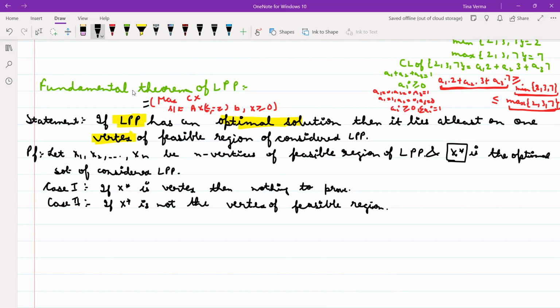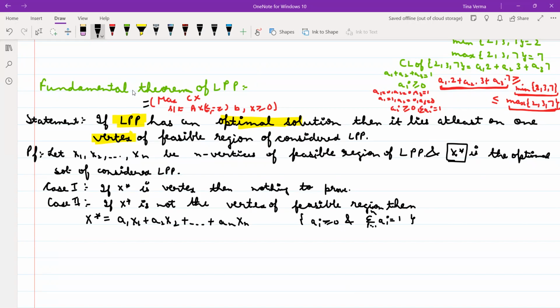An extreme point cannot be written as a CLC of other points, but any other point I can write as a CLC of other points. So if x star is not a vertex, then I can write x star as the linear CLC of these, where your ai's are greater than or equal to 0 and the ai's sum to 1, right?